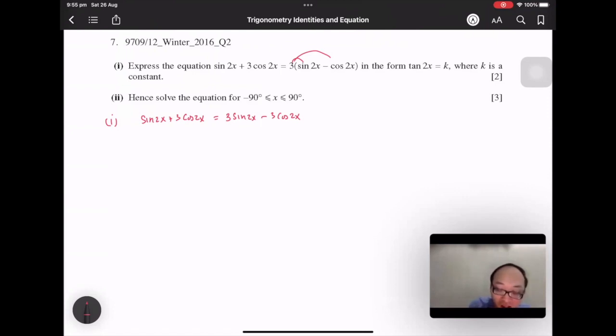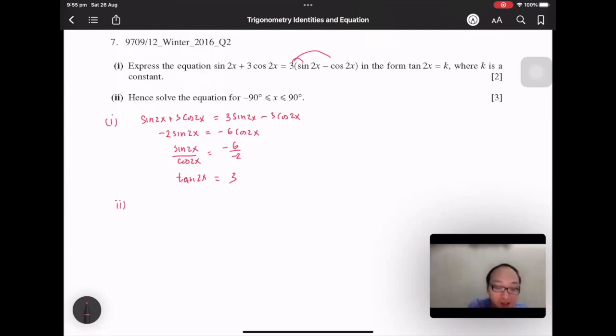So I will have negative 2 sine 2x equals negative 6 cos 2x. And if I divide sine by cos, so sine 2x over cos 2x will be equal to negative 6 over negative 2. So that means tangent 2x equals 3. So this is the first answer.